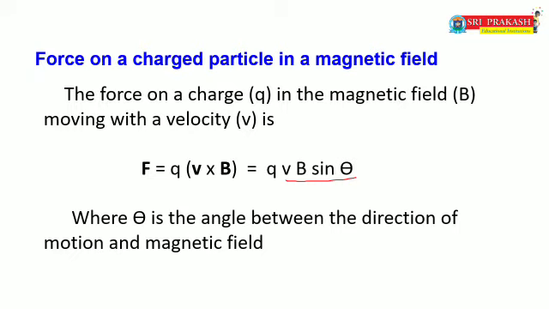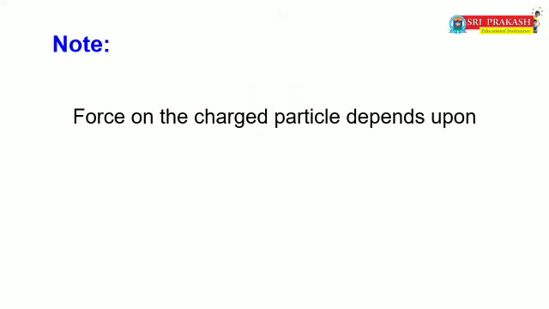If you analyze, the first one is theta, the angle between the velocity of the charged particle and the magnetic field. Now if you analyze point by point, according to the formula F equals qvB sin theta, the force on the charged particle depends on these factors one by one.